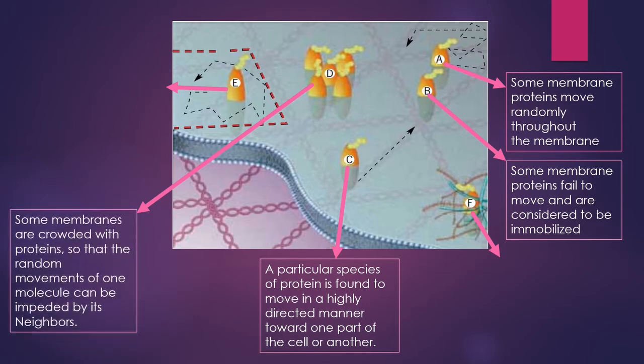Some membranes are crowded with proteins, so that the random movements of one molecule can be impeded by its neighbors, as illustrated in the figure by protein D. The strongest influences on an integral membrane protein are thought to be exerted from just beneath the membrane, on its cytoplasmic face.